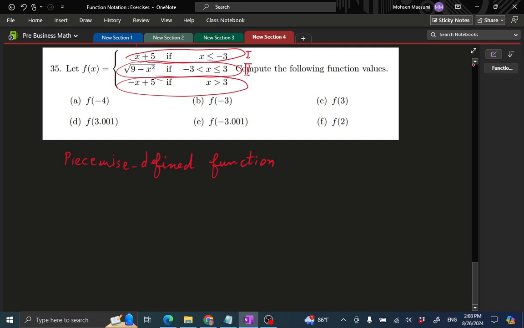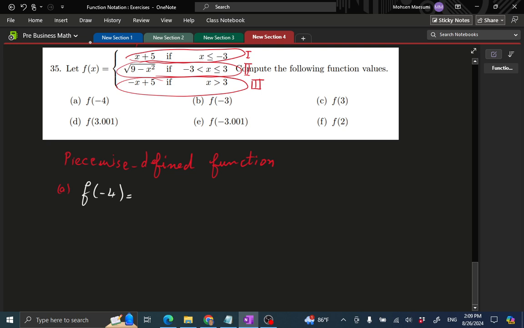Is x between -3 and 3? Then use this square root formula. If x is larger than 3, then use this other formula. So we have, in this case, 3 possibilities depending on what x happens to be. Let's go ahead and answer this. So part A, it says, what is f of -4?